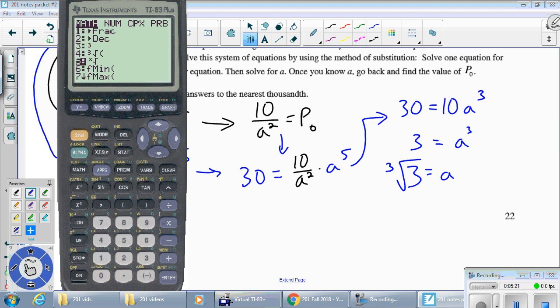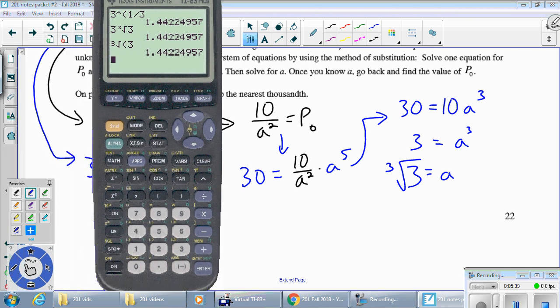Right here, number 5. So that 3 that I've typed is the cube root part, and then this 3 is the thing inside the radical. And it happens that cube root is used so often that they actually have its own button here, number 4. And that's the cube root automatically. All right, however we slice it, 1.442.